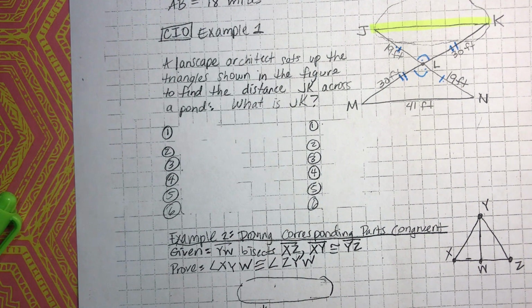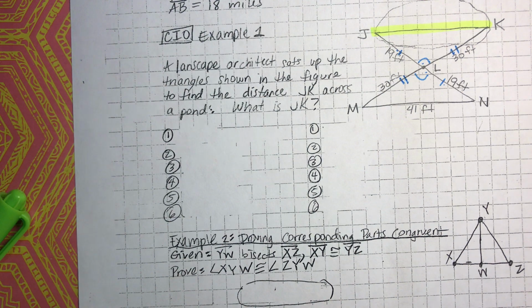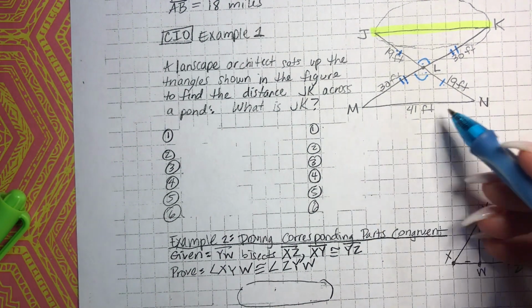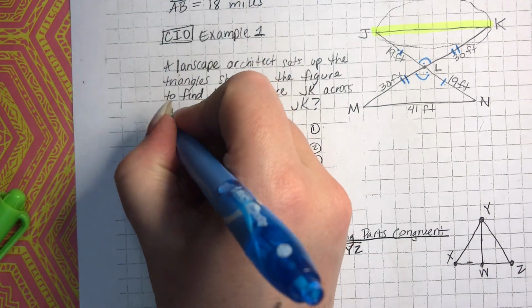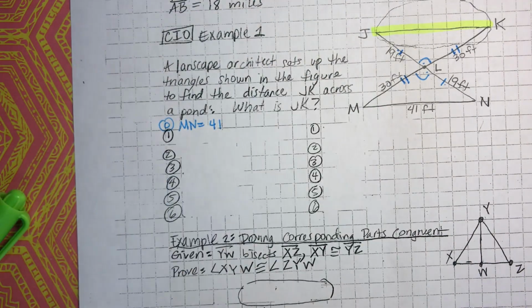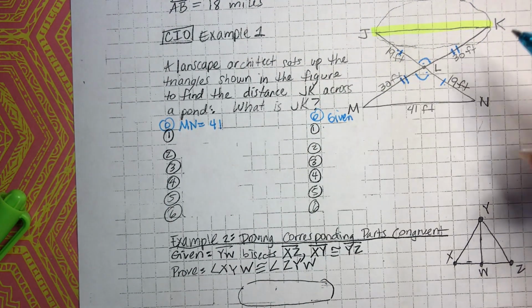Whew! Okay, so let's just go ahead and write down all of this information. The first thing I'm going to write down is just the given information that MN is equal to 41. I'm going to use it at the end, but I'm just going to have it right there. That's given. And then just start writing down the given information.